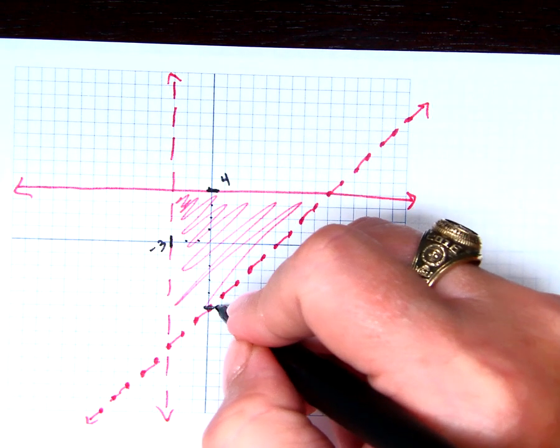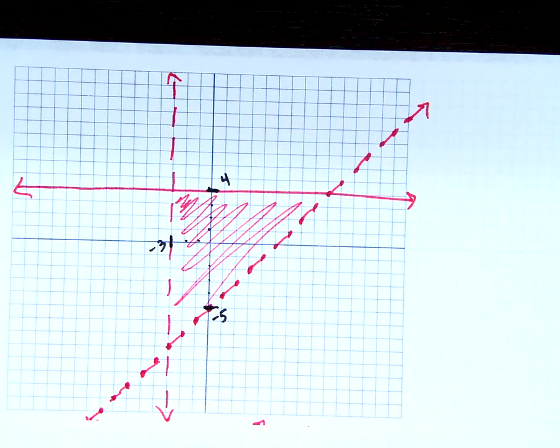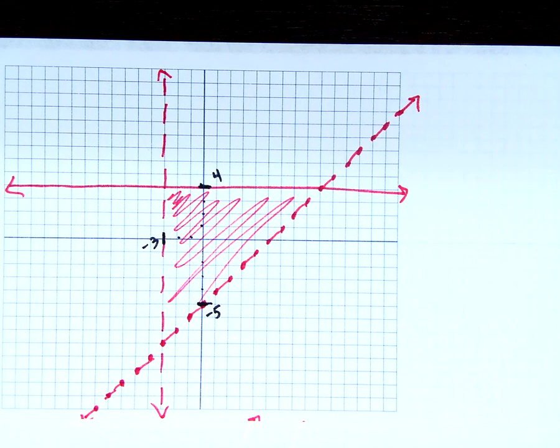And that right there is negative 5. Okay? So draw this system on your graph.